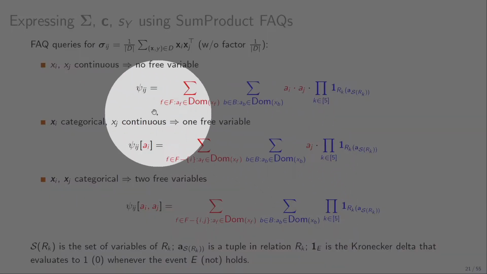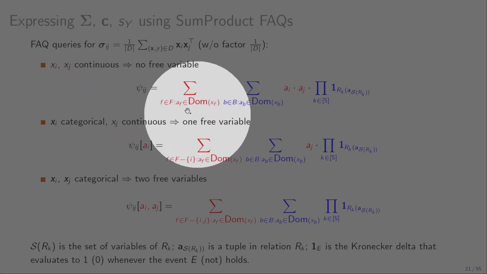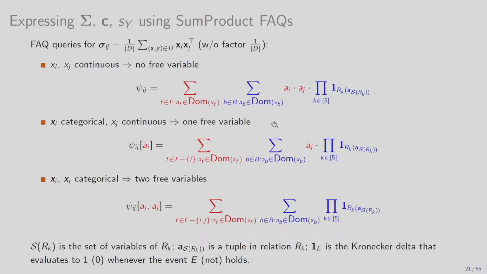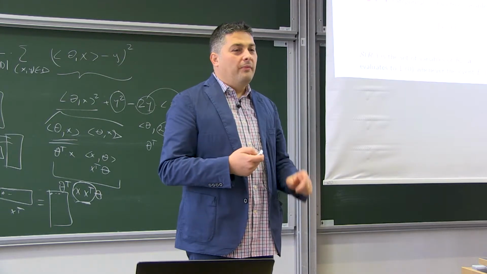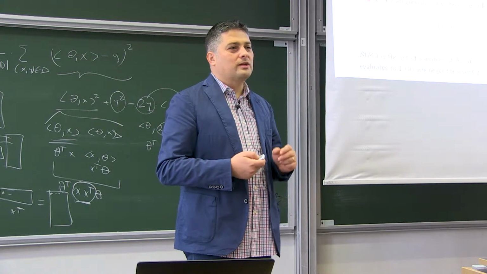Now, if I have both features continuous, I take their product and sum over the values of this product. For every sample, I take xi times xj, and then I take the next sample as well, and I sum up over all these products. But now comes the tricky thing. What we discussed yesterday applies immediately here.